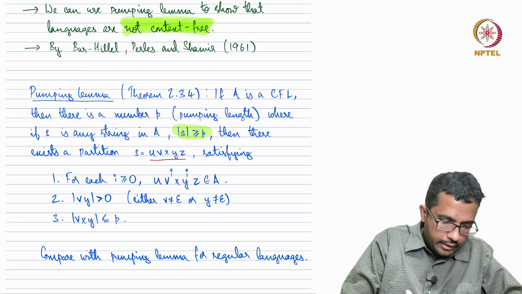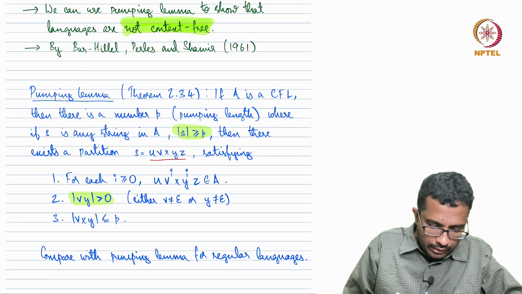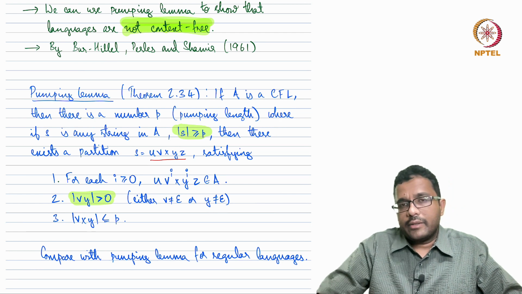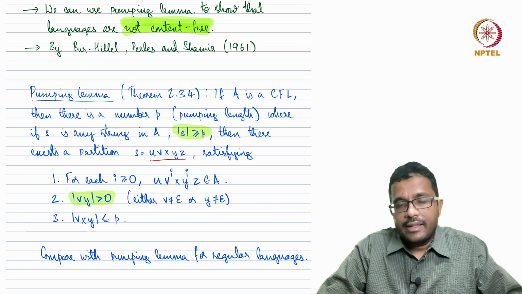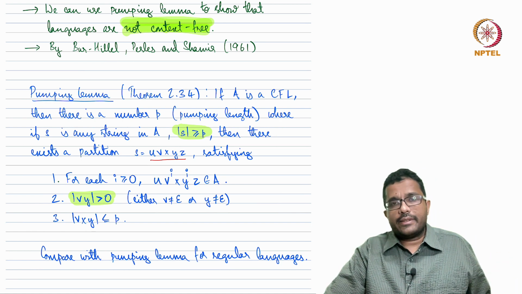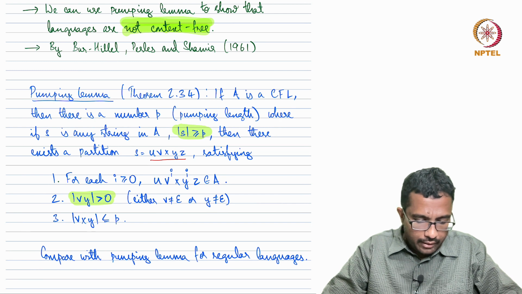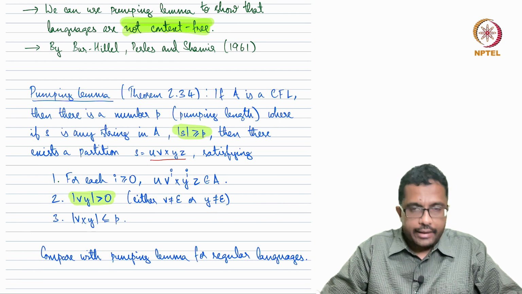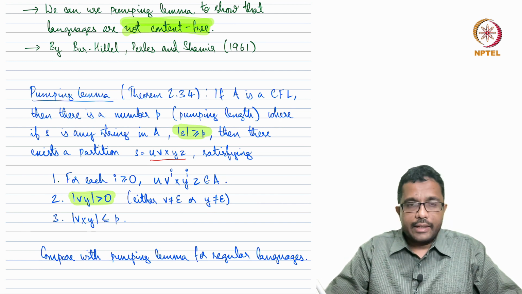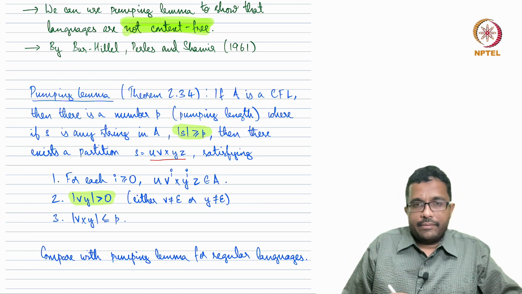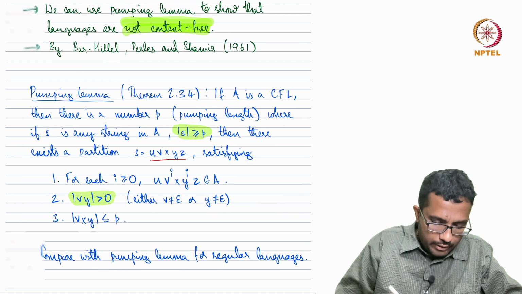This means that both of them cannot be empty strings. Either V has to be not an empty string, or Y has to be not an empty string. And finally, the length of VXY, which is the middle part, is at most P. So these are the 3 conditions.